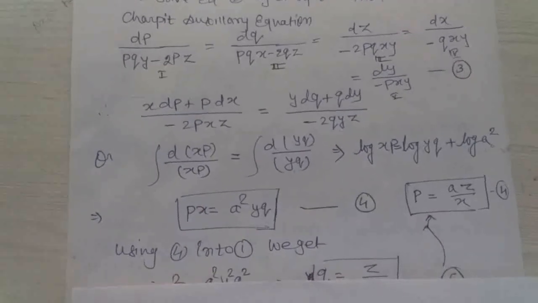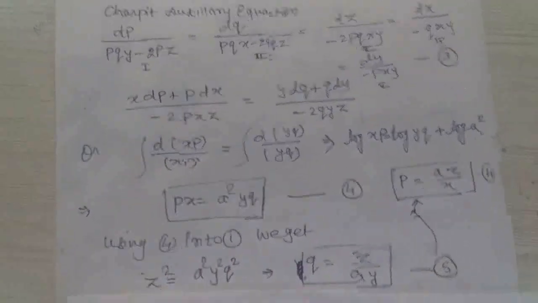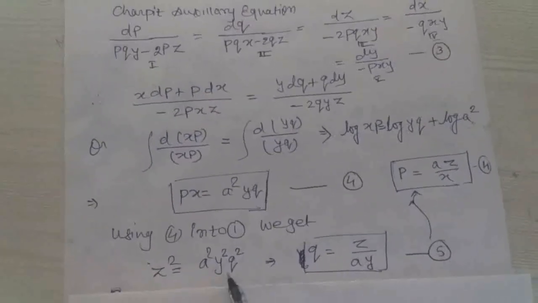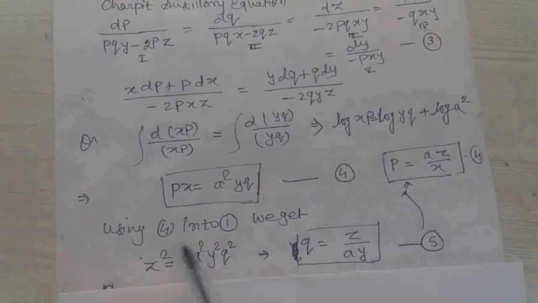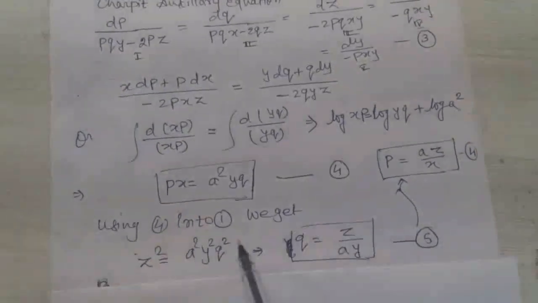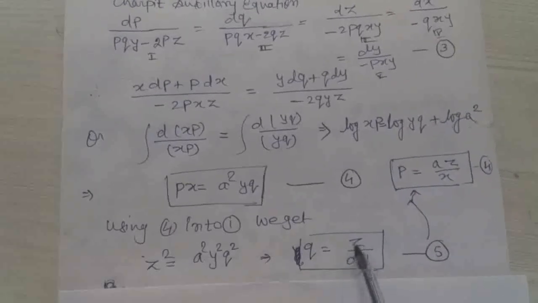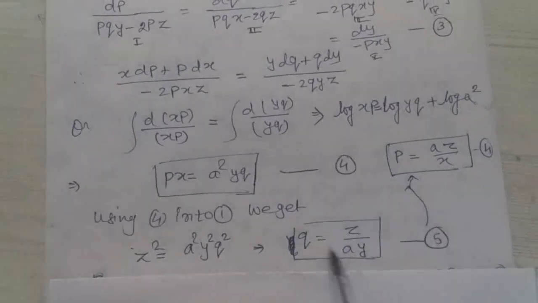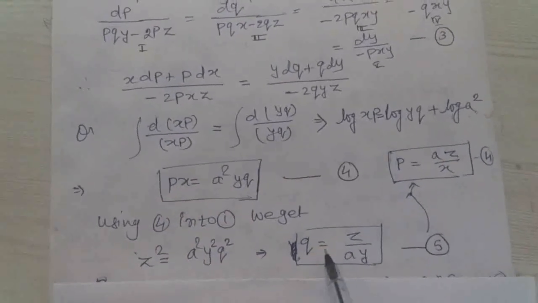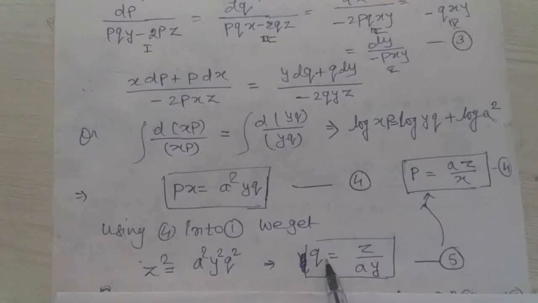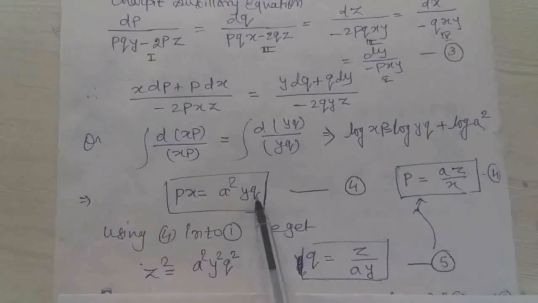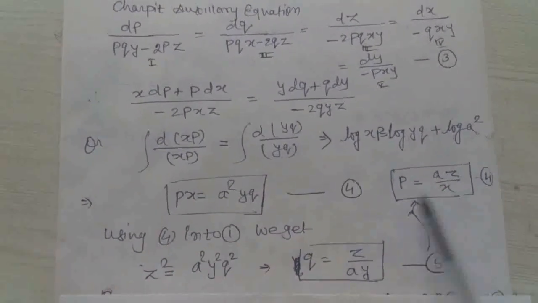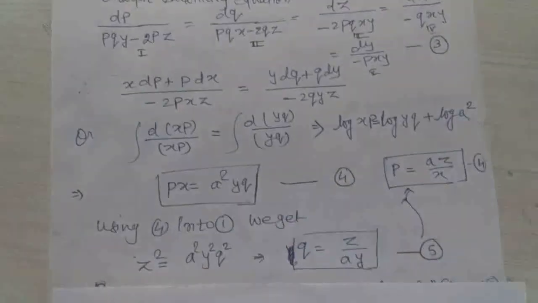So we get z² equal to a²y²q², and from this we get q equal to z upon ay. So the value of q is in terms of x, y, z. Now putting this value of q in equation 4, we get the value of p in terms of x, y, z. So these are the values of p and q.